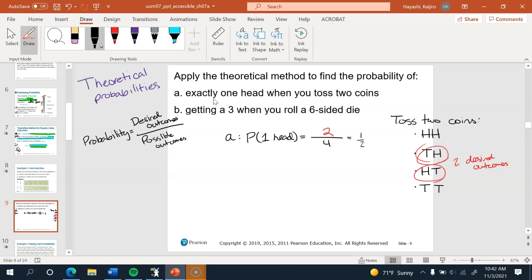I have a question. Mm-hmm. So for the desired outcomes, those are the ones that are similar? Is that a way to look at it? Well, yeah, they should be similar because they should all share a property that you're interested in. The property here is that they have exactly one of them coming up heads and the other one not. Okay. So for HH, is that considered just heads?